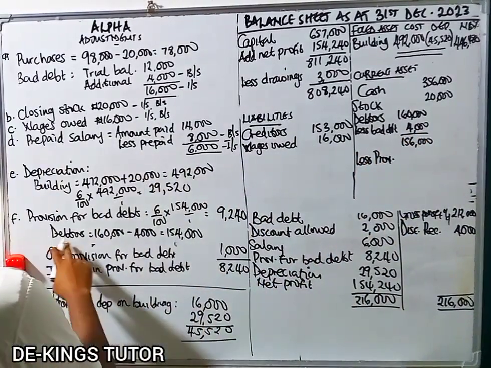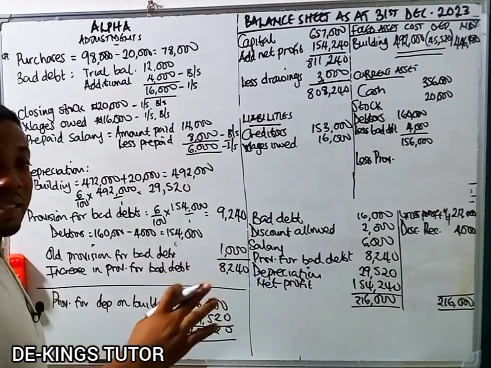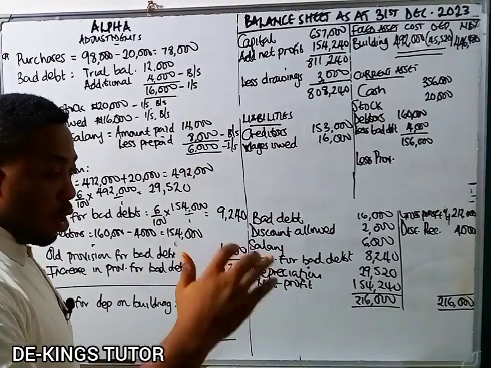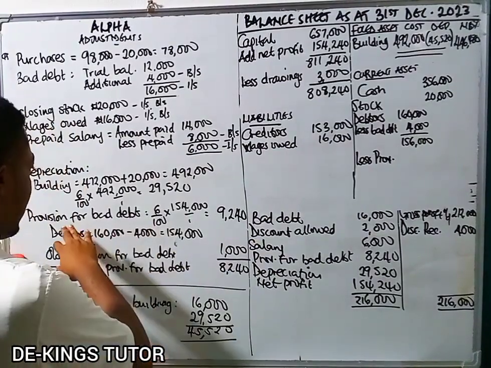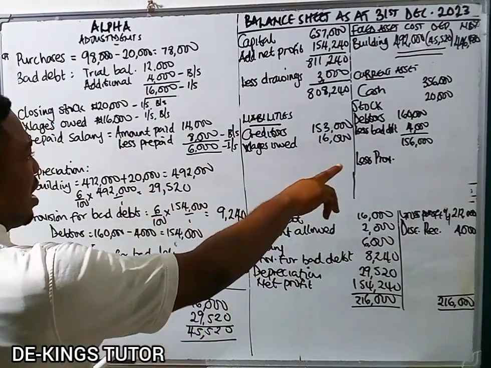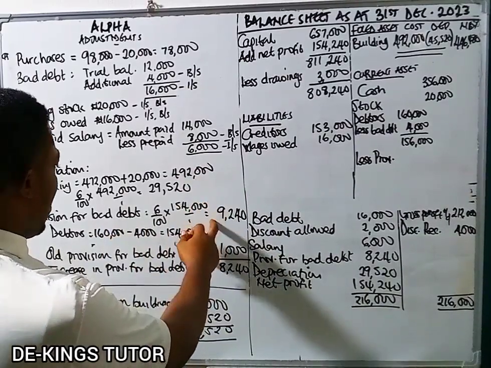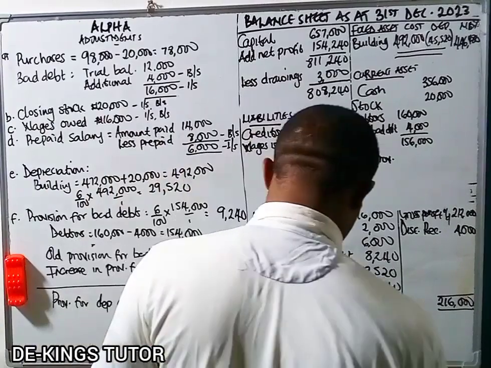The next one is to less provision. Remember the provision for bad debt. Not the increase now. The essence of the increase was to know if we are going to add more money or get more money. But the one we are lessing now is the actual one we calculated, which is 9,240.